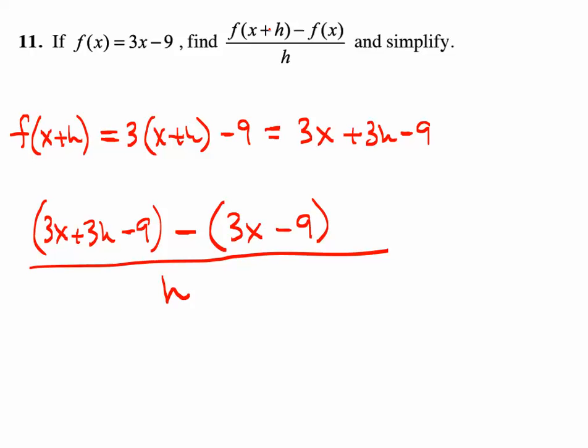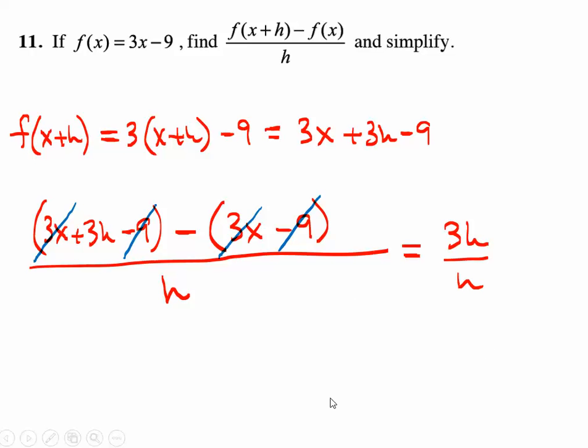Do you have to drop the parentheses? Actually, you don't. Because whenever you're subtracting things, can you just get rid of the ones that are exactly the same? Yeah, if you have a 3x over here, you're subtracting 3x, easy enough. That's going to cancel off with this. A negative 9 subtract a negative 9, that's going to cancel off with this. So I'm just left with a 3h on top, divided by h.